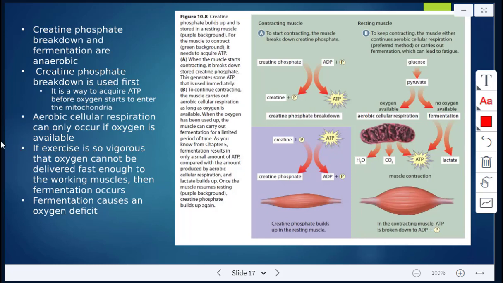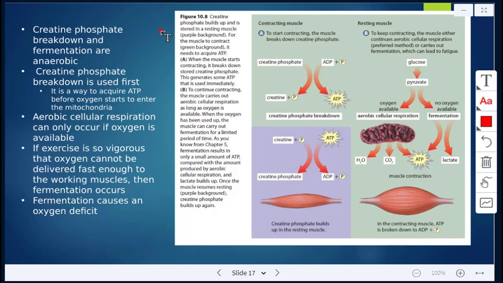So if exercise is too vigorous and oxygen can't be delivered fast enough to the working muscles, then fermentation occurs. Fermentation causes an oxygen deficit. All right, so in this diagram, creatine phosphate builds up and is stored in a resting muscle, shown here.